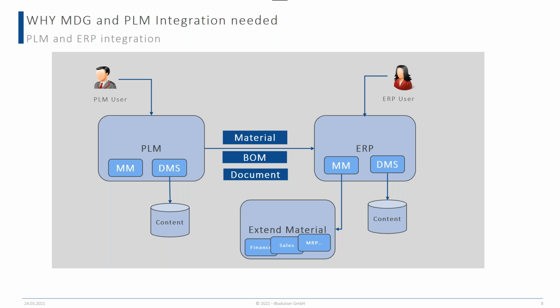Due to the integration of SAP MDG with product lifecycle processes, the process efficiency will improve, complete integration between PLM and ERP is ensured, and the data quality will increase.